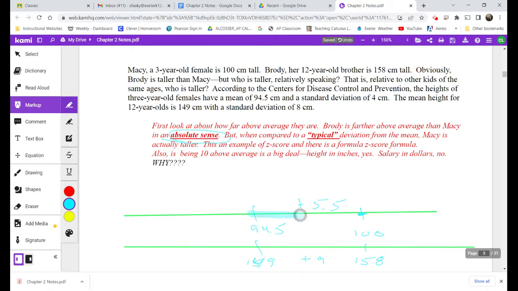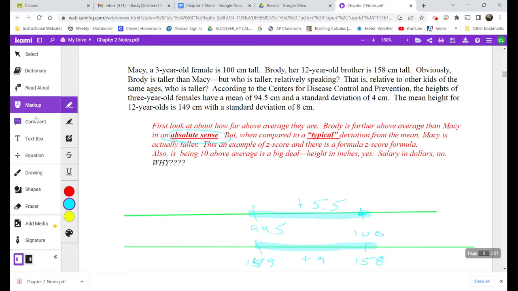So the distance between here and here is 5.5 centimeters. It looks like Brody is much taller according to the graph when you compare males and females at their ages.